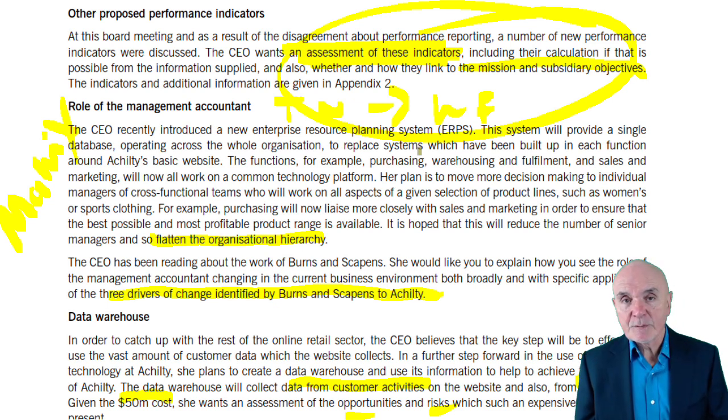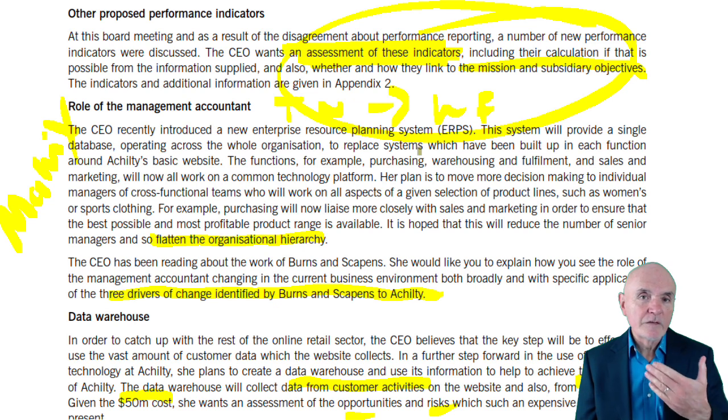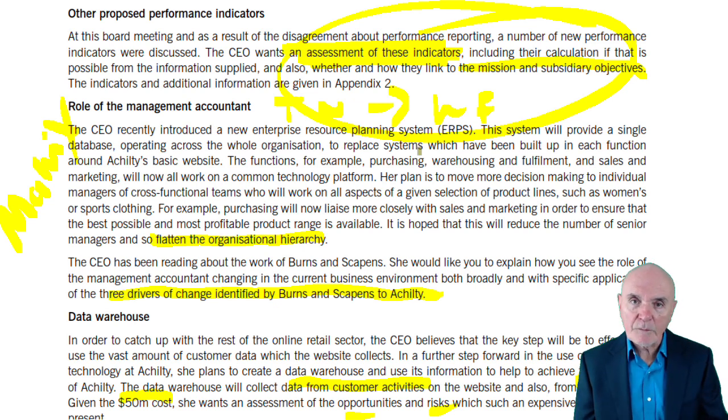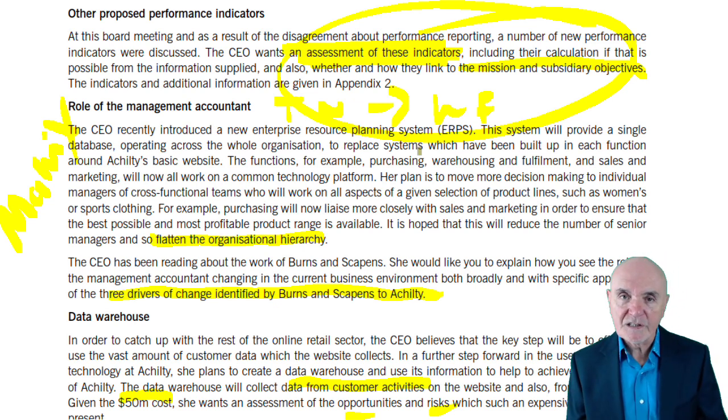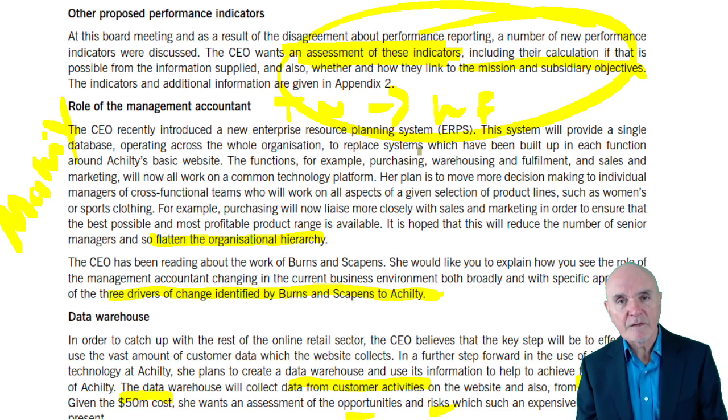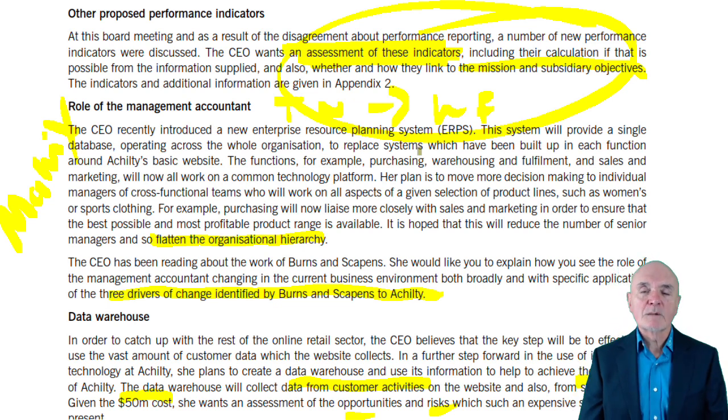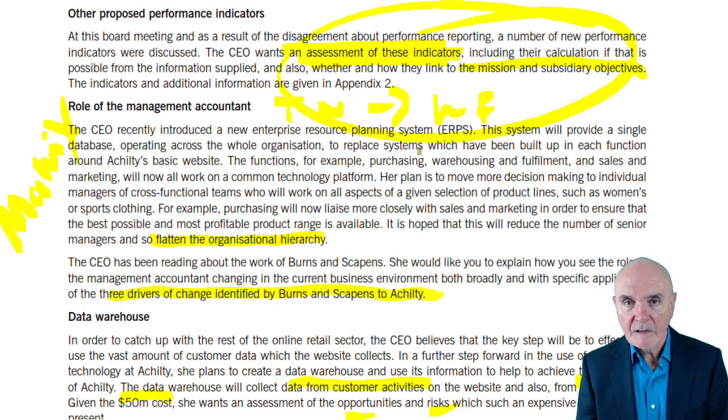It's not necessarily that management accountants will be taking over the roles of the sales director or the purchasing director or the production manager, but they will be working much more in close liaison with them.